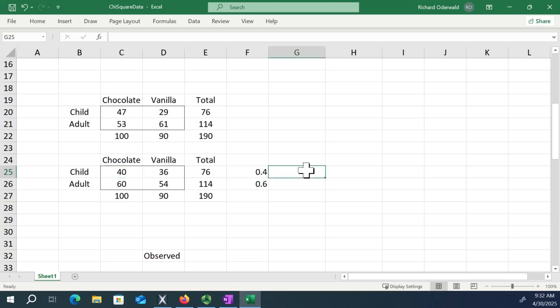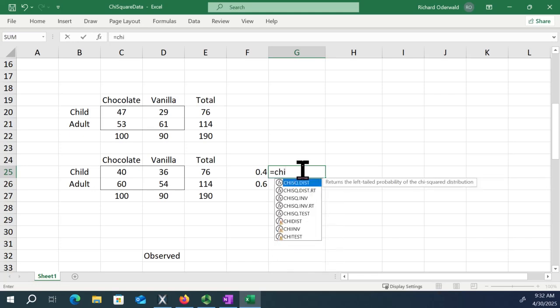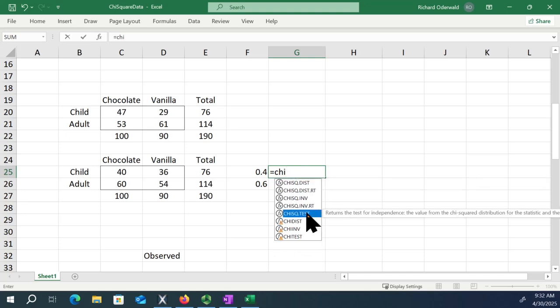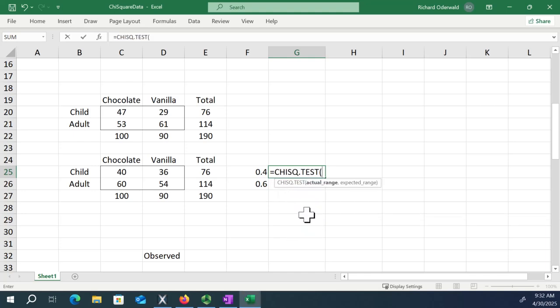Pick a spot. How many degrees of freedom first? 1. 2 minus 1 times 2 minus 1 equals 1. Then CHI, and we want chi-square dot test. And it gives the actual range and the expected range.